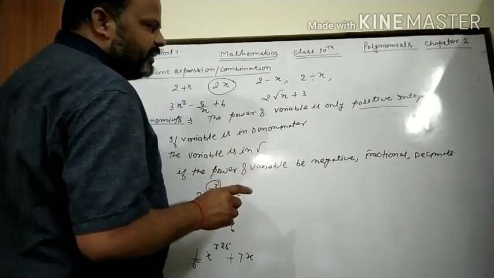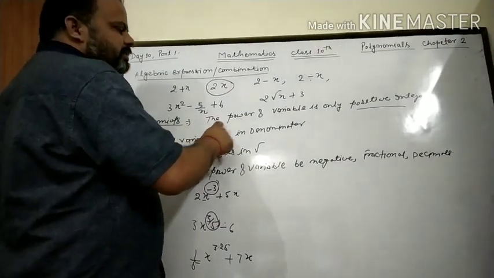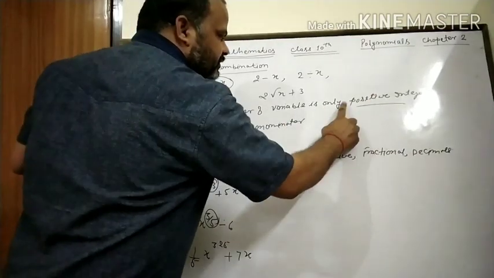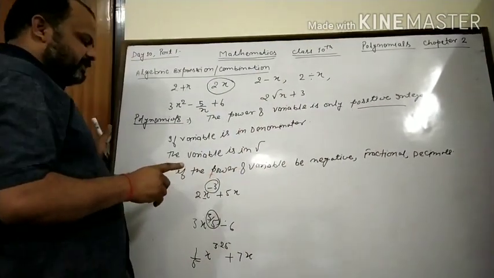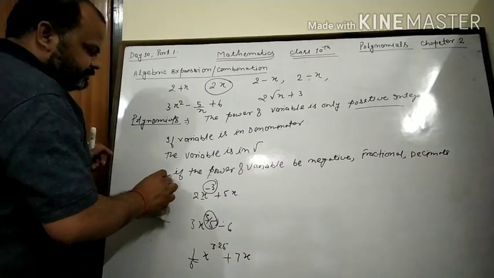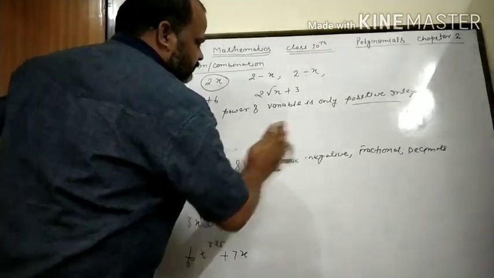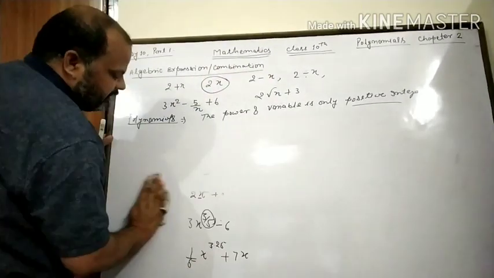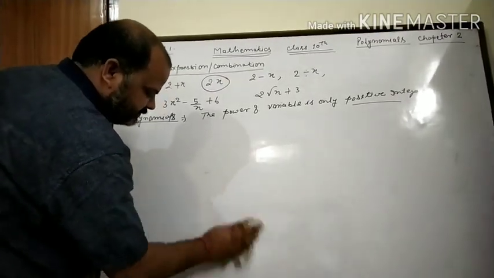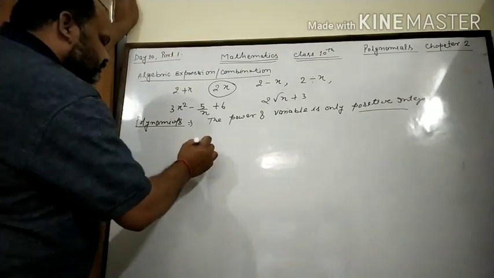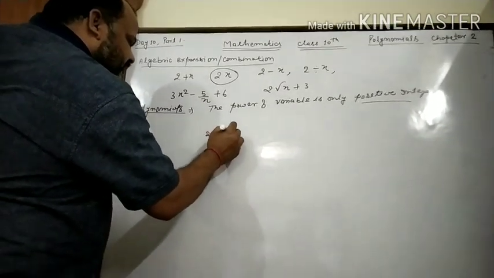Then if you define the polynomial, you can define it as a special type of algebraic expression in which the power of variable is only a positive integer, like 2x plus 3.